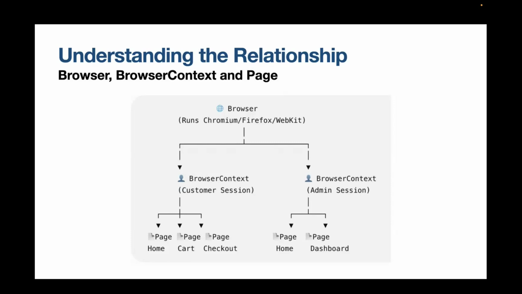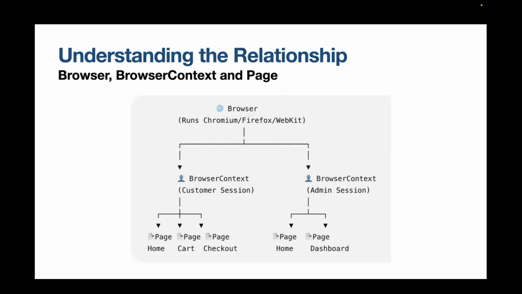So ideally, if you check this example that is being given on the screen, a browser can be Chromium, Firefox, or WebKit. A browser context can refer to two different sessions that are opened by either a customer or an admin profile. And inside each profile, we have multiple tabs that run different processes like home page, cart page, checkout page, and so on.